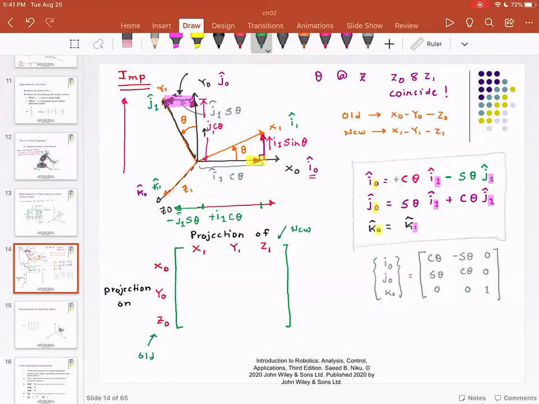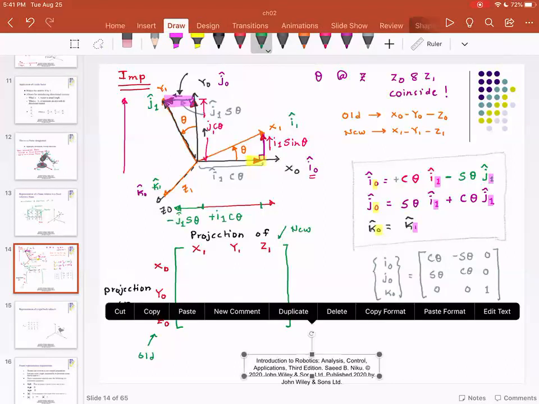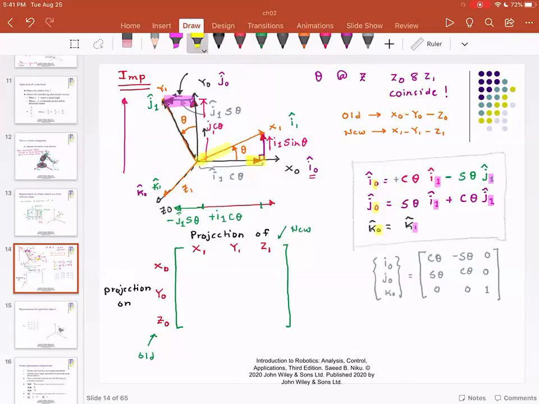Now everyone, please pay attention. Check this out. Projection of x1. I want everyone to look here. This is my x1. Projection of x1 onto x0 is what? Cosine theta. Do you agree with me? Yes.